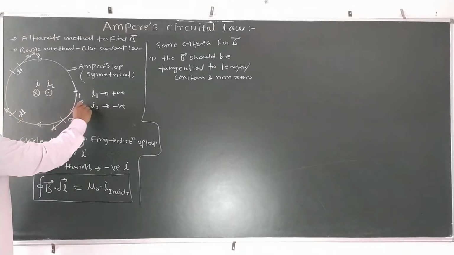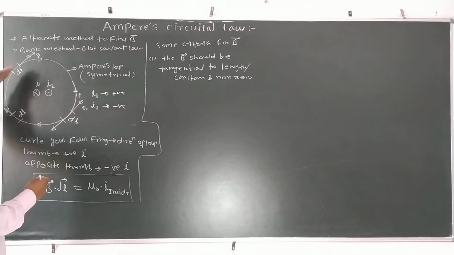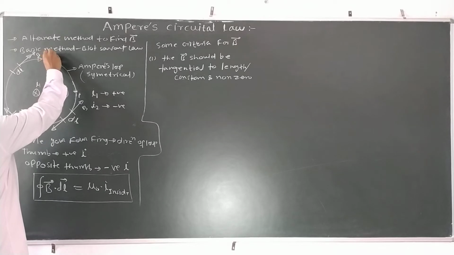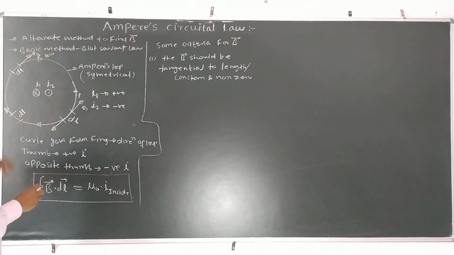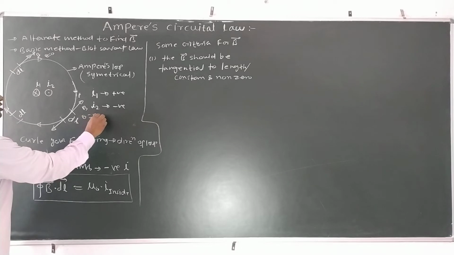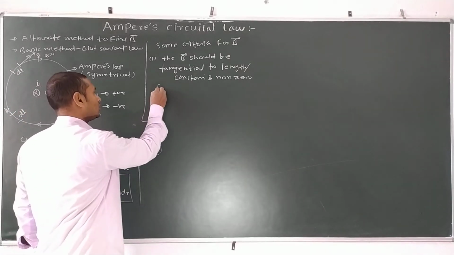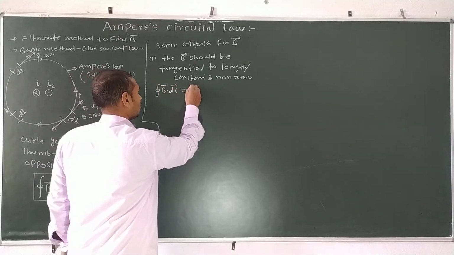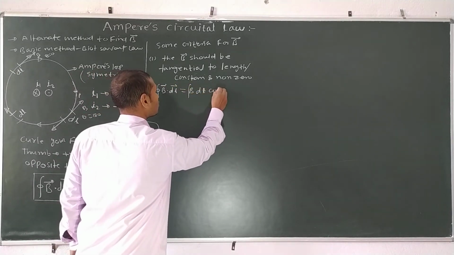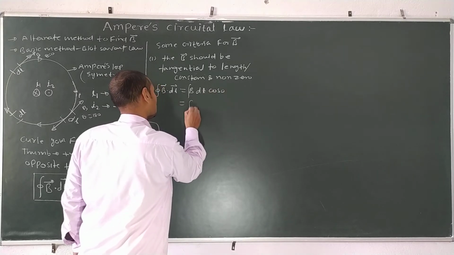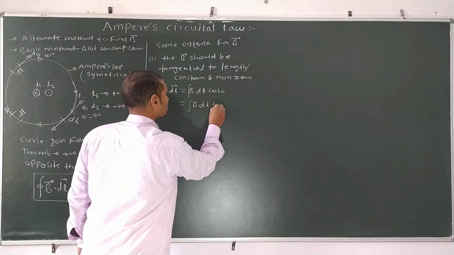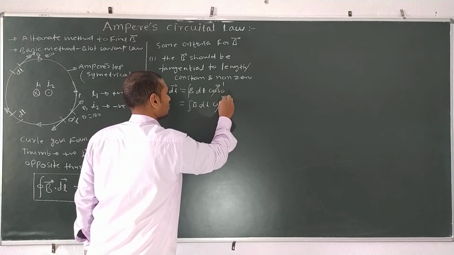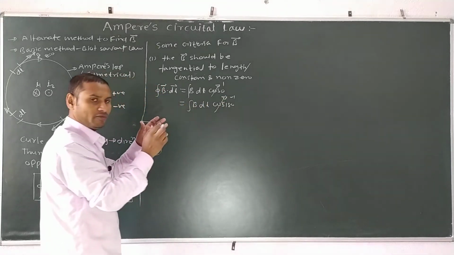If B is in the direction of length, then theta becomes 0; if opposite, theta becomes 180 degrees. So B dot dl becomes B dl cos 0, which is 1 times B dl, and B dl cos 180 degrees, which is minus 1, and you get some value of B dl.